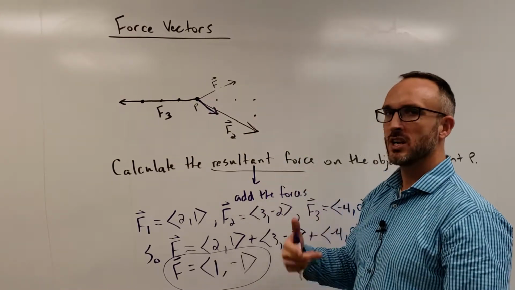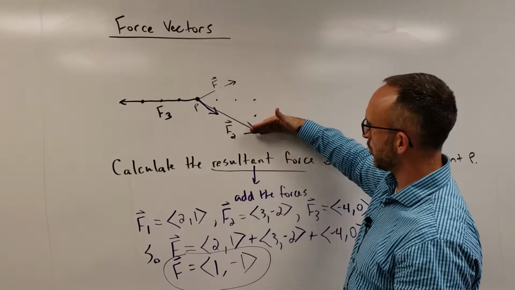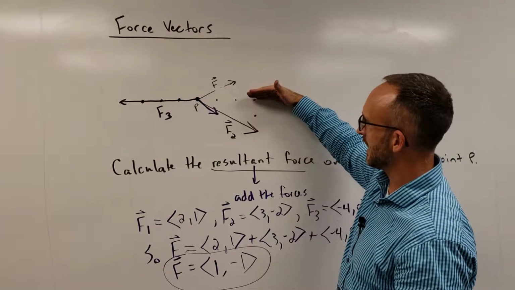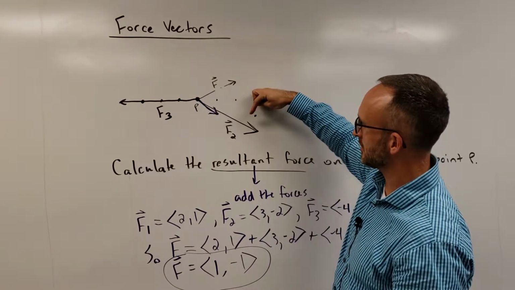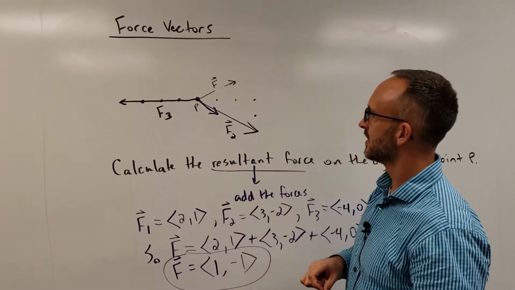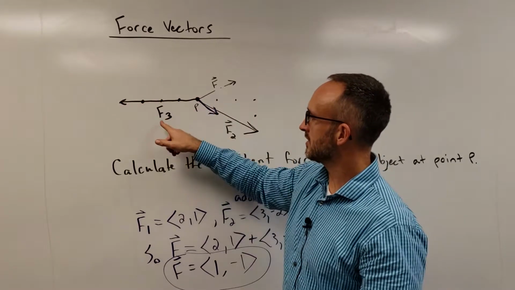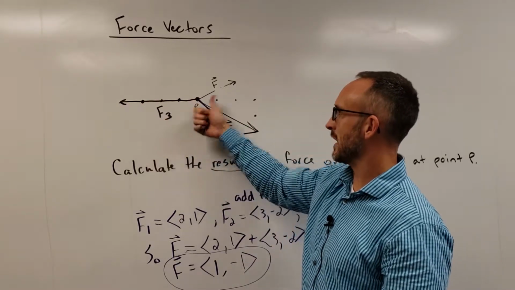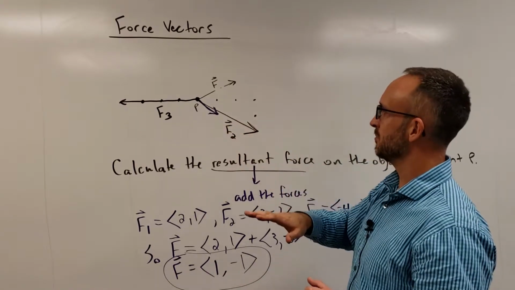So not too much, and that makes sense because, for example, the downward force of F2 cancels out the upward force of force 1, and now you actually have a slight downward force. And you can see the resultant force has a slight downward force. The leftward component of F sub 3 cancels out the rightward components of F1 and F2 almost completely.